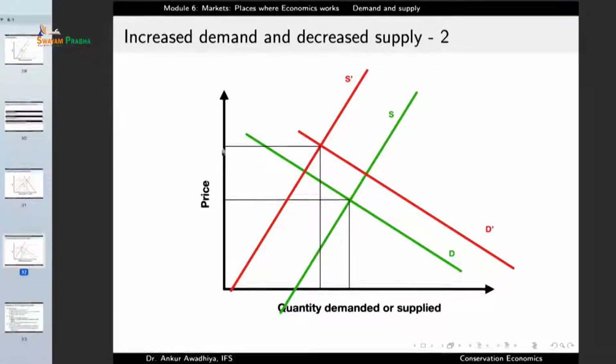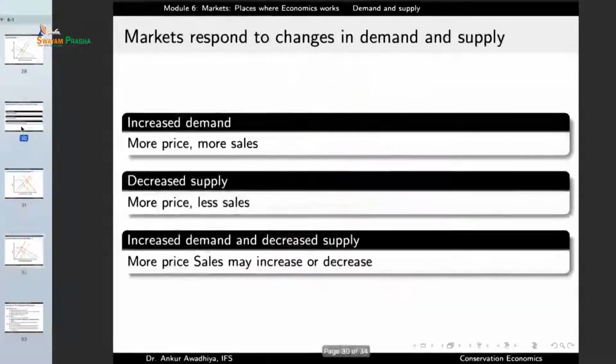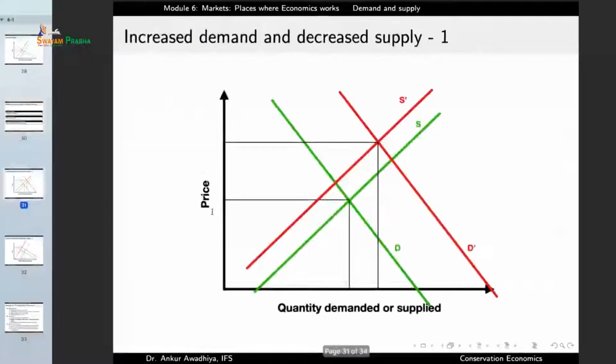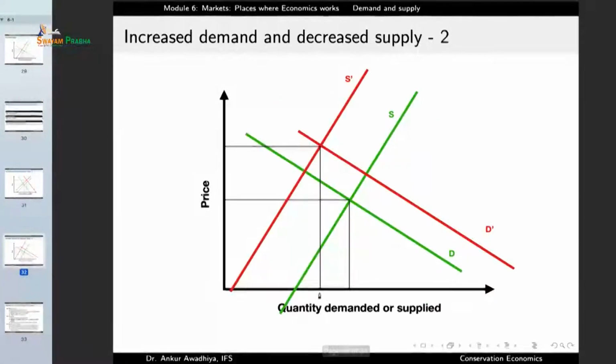So here again the equilibrium price has gone up. But the earlier quantity demanded was this, the new quantity demanded is this. So there is a decrease in the quantity that is demanded or supplied. So in the case of an increased demand and a decreased supply at the same time, it is possible that the sales may increase or the sales may decrease. But in any case, the price will go up.